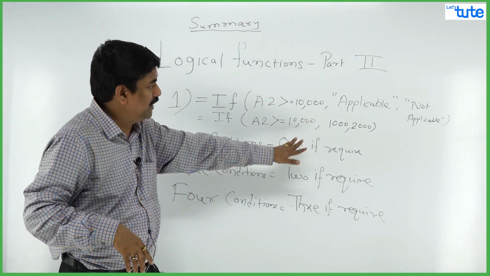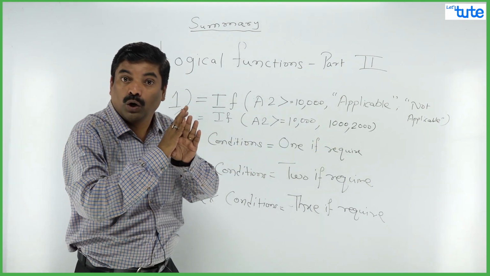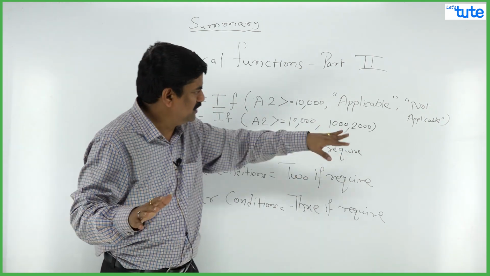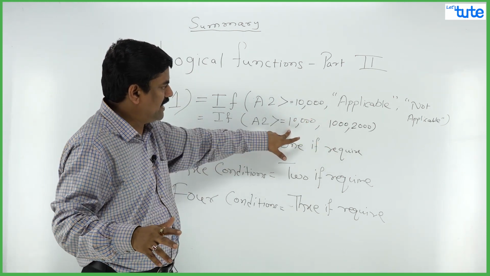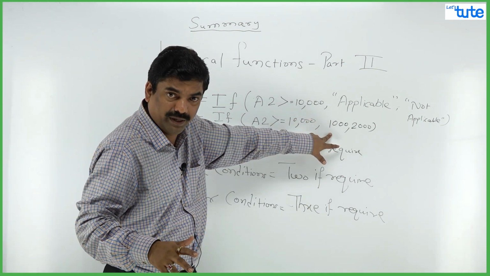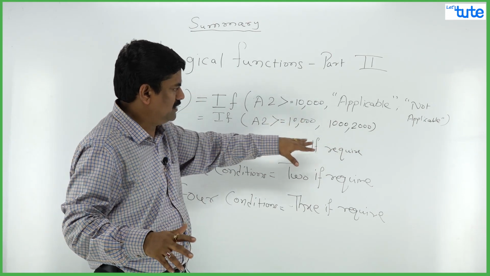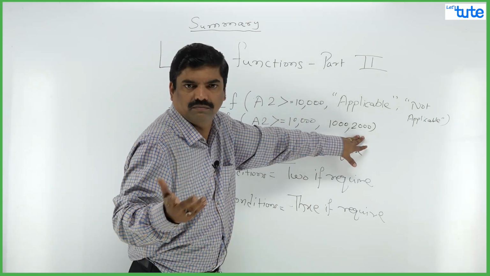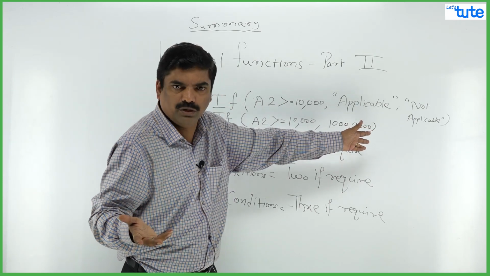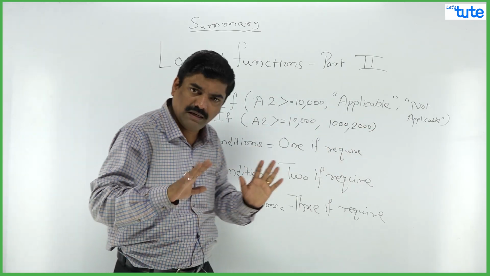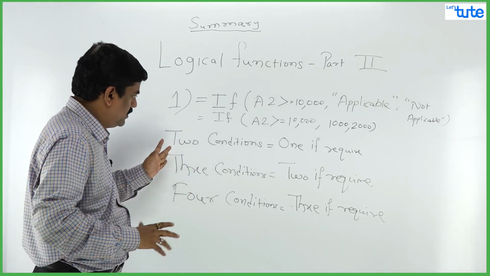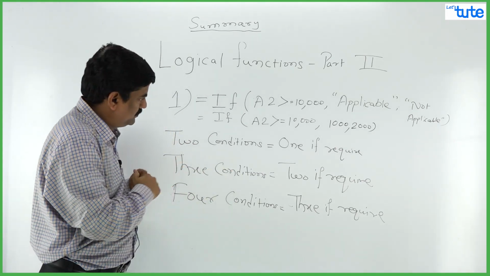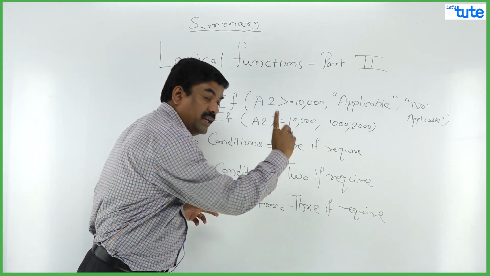If your answer is numeric, no need of quotes, just give the numeric data. If this condition is satisfied, the answer is numeric. If this condition is not satisfied, you have to give 2000 as the numeric data. Okay, clear?